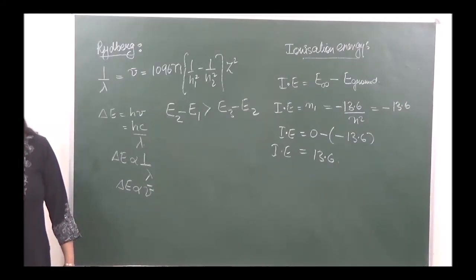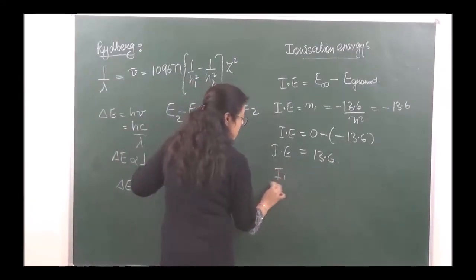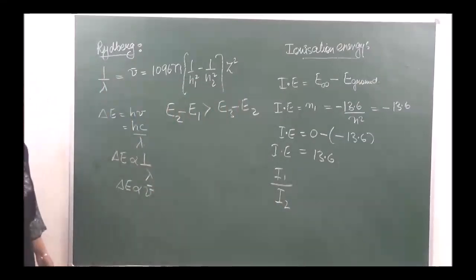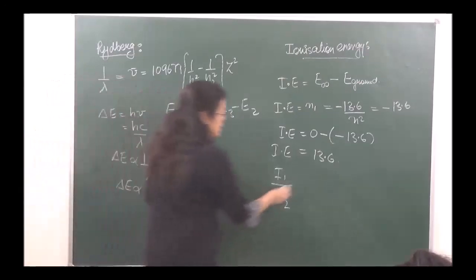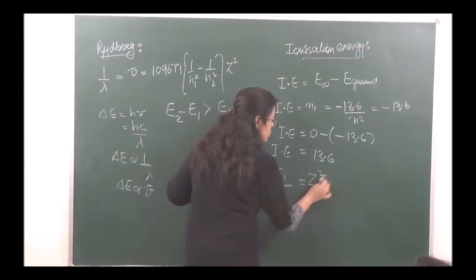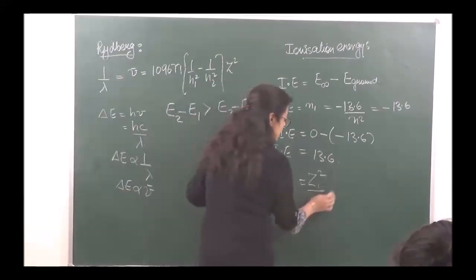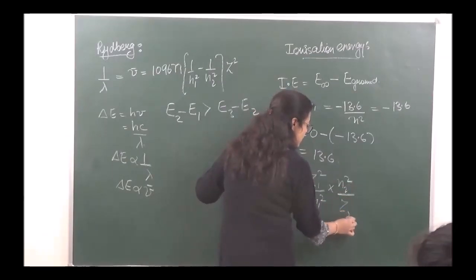Now when we are talking of ionization energy in the first level and ionization energy in the second level, I1 upon I2 can be given as Z1 square upon n1 square into n2 square upon Z2 square.